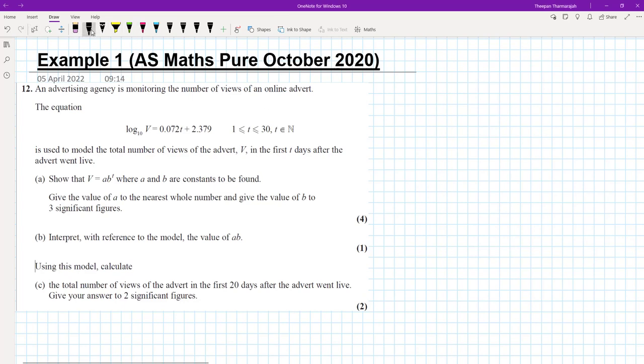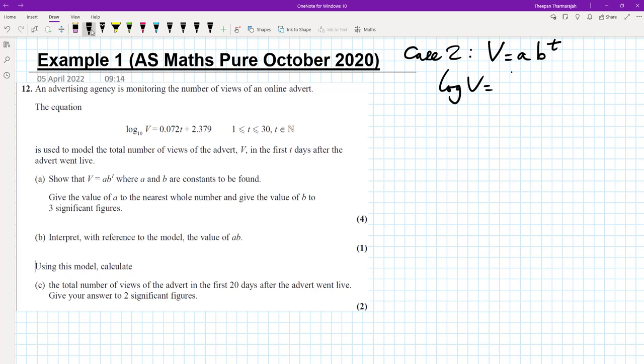So what we do for a case like this is we would write it out as the following. Case number 2. In our case, we want v is ab to the power of t. So we want it in this form. So what we can do is to apply logs on both sides.